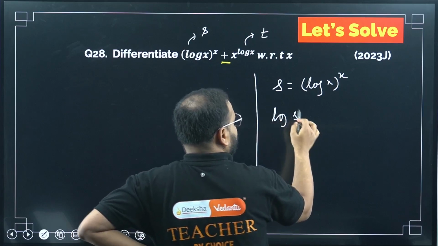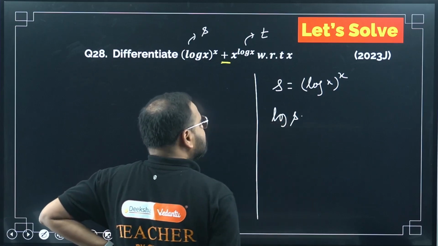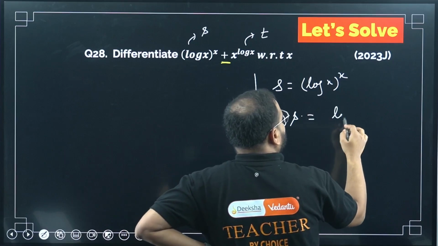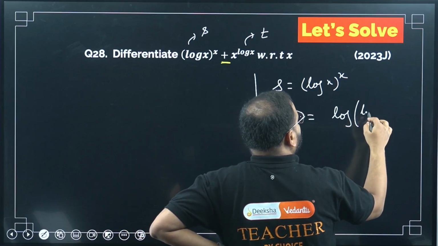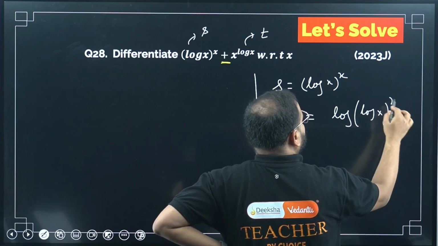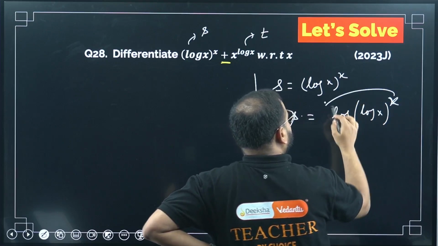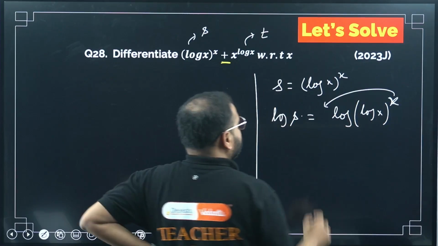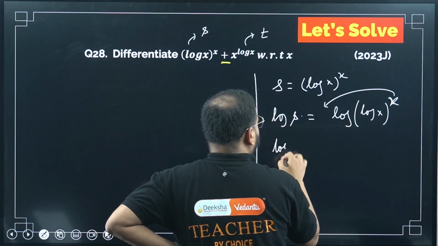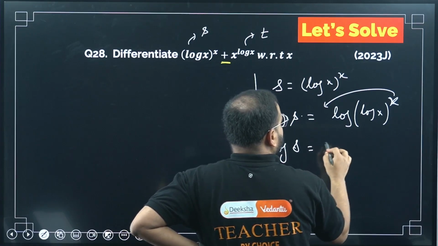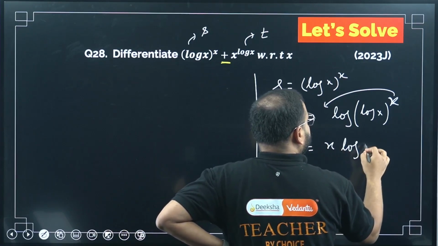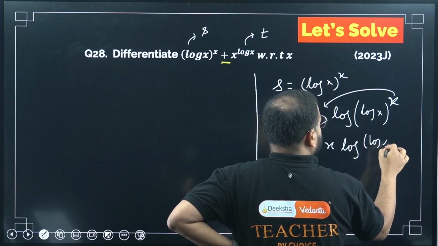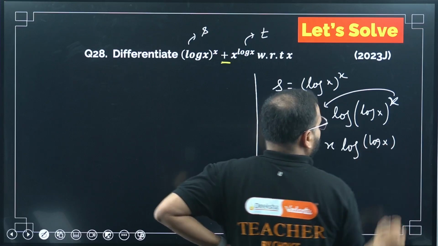Log of s equals log of x to the power x. Now this x will come in front, so this will become log of s equals x log x.